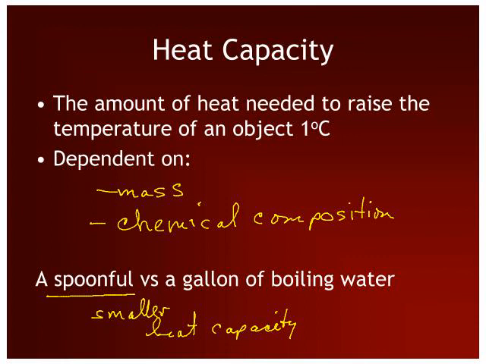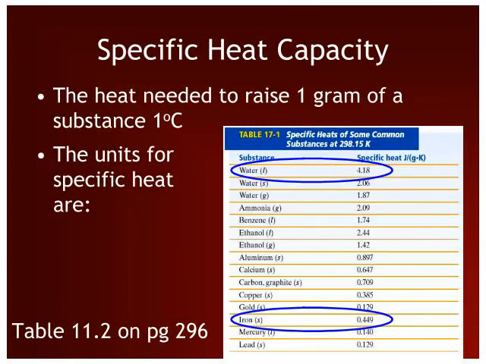Now that's all well and good, but we usually want to compare the heat capacities of different objects. And so we get this term specific heat capacity. Specific heat capacity is the heat needed to raise 1 gram of a substance 1 degree Celsius. So now we're talking about a specific mass of a substance still being raised that 1 degree Celsius.